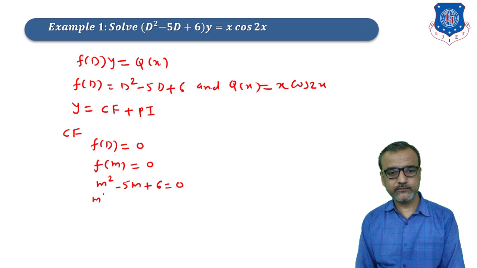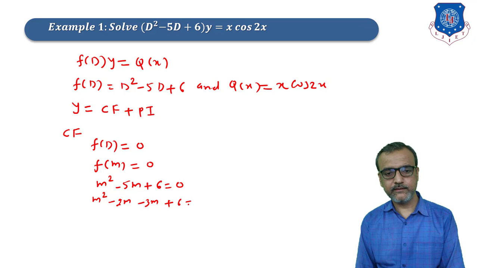So m square will be as it is, splitting minus 5m as minus 2m minus 3m plus 6 equals 0. Now taking m common from these two terms, into the bracket we have m minus 2. Now taking minus 3 common from these two terms, into the bracket we have m minus 2, that is equal to 0.